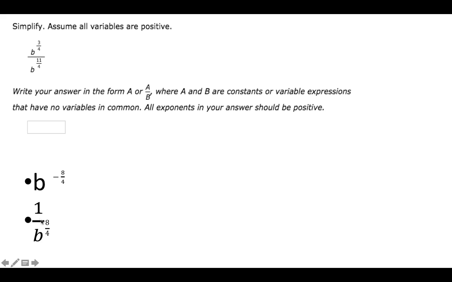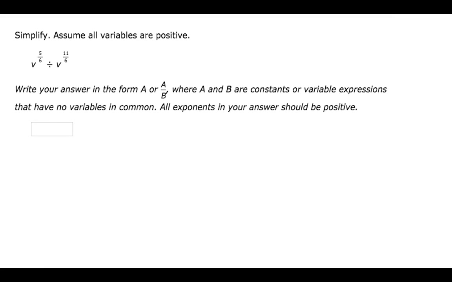So basically 1 all over b to the positive 8 over 4, and that just comes from exponential rules. We want to make sure that we've fully simplified, because this might mark you wrong if you're not fully simplified. So 8 divided by 4 becomes 2. My final answer is 1 over b squared, and that's what I would enter right here.